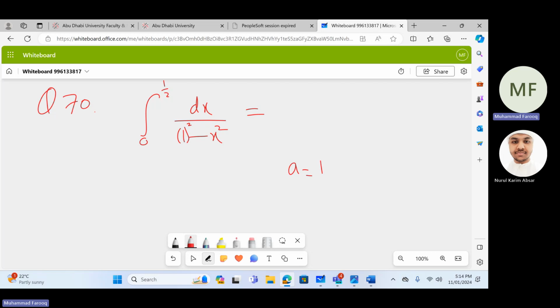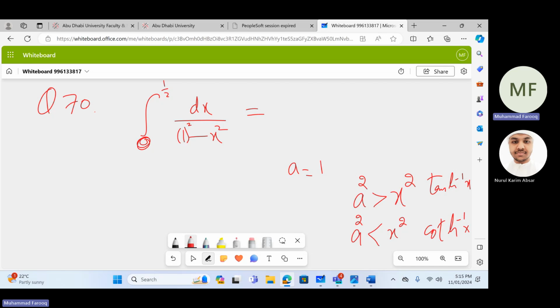Now I need my u, my function. The limits 0 to 1 by 2 are the values of x. By the way, my u is x. So as per the formula sheet, if a squared is greater than x squared, you have to use tangent inverse, and if a squared is less than x squared, you have to use cotangent inverse.